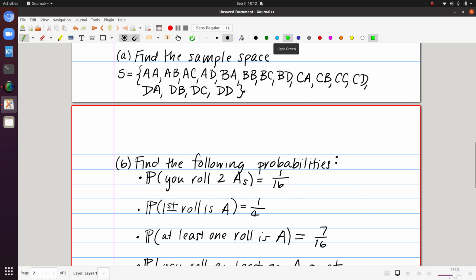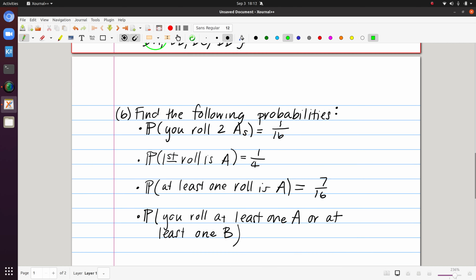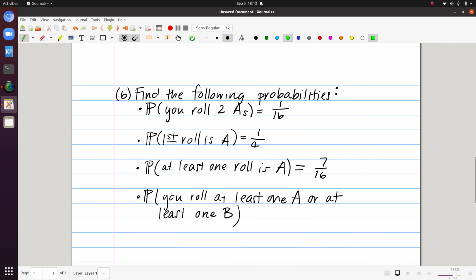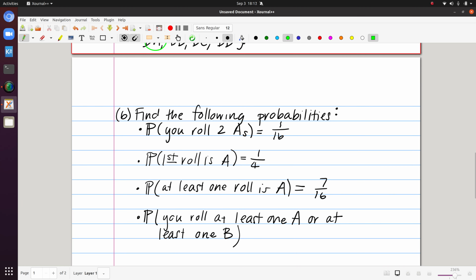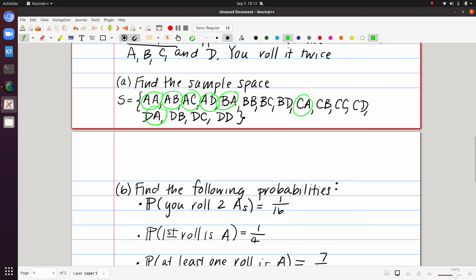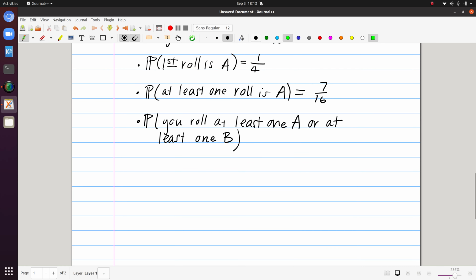I want to identify, first of all, the same 7 that we saw last time, because that's still one way we can satisfy this event, that we see at least one A. But we also are allowed to consider outcomes where maybe there's not at least one A, but there's at least one B. So now I look at this, I see this would work, this, this, and this. And so if I count up the number that I've circled, I'll see that I have 12 out of my 16.